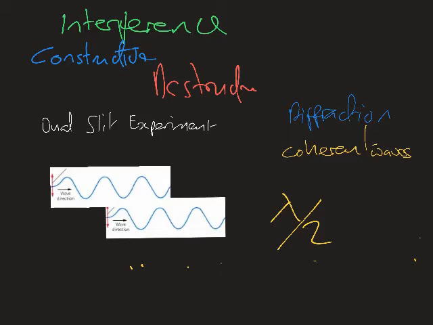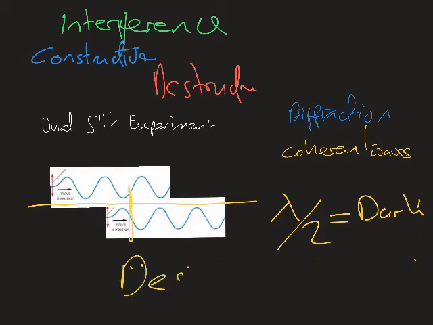So basically, when it's low, it's high, and when it's high, it's low. And any point between the two cancel themselves out to give you a resultant wave of zero displacement, which means it is dark. All the light energy has been cancelled out, and that is called destructive interference.